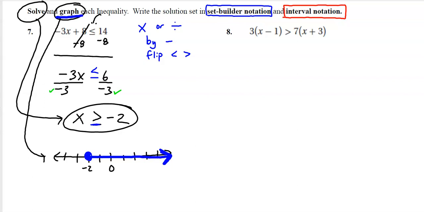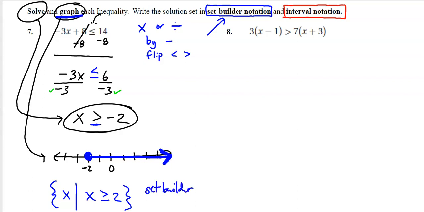Now, the other couple little pieces here are set builder notation. So set builder notation is kind of a fancy way, and here's what it goes. You put a set in, and then you put an x, and then you put this line in here, and then you write the part that we solved. So this is called set builder notation, and I'll explain the pieces.